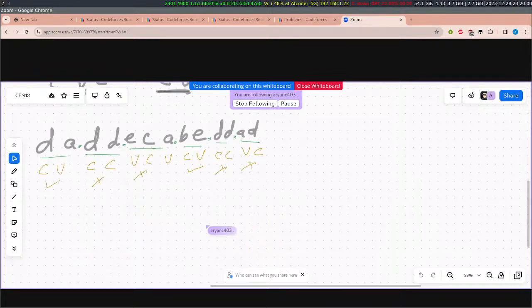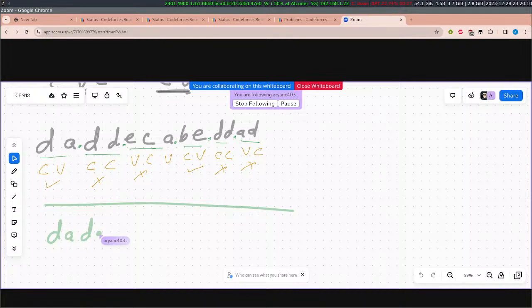Let's also look at the example which was given over here, the answer for this problem. The answer says the correct way to split it would be DAD dot PE dot PA dot PED dot PAD.